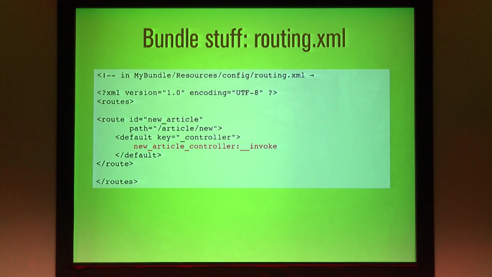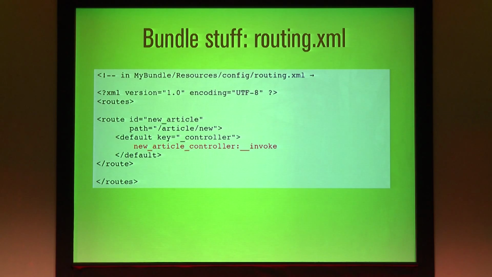Yes. So we create a controller service, the new article controller. We provide the class. We provide the right arguments for it. And then once we have this name for our controller service, new_article_controller, we can easily set up some routing for it too. Again, let's choose XML. And this is what XML routing looks like.